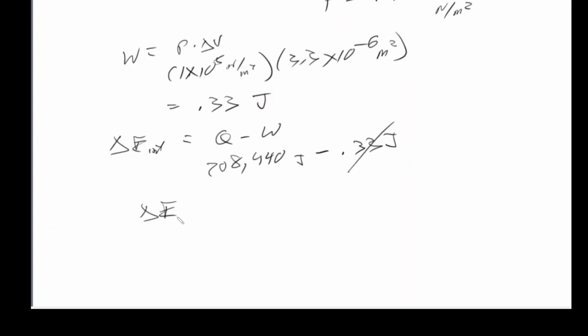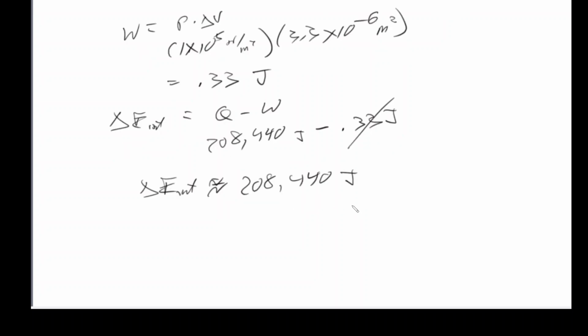So our change in internal energy is approximately 208,440 joules. What you can note from this is that when you have a solid, and even a liquid, that expands, most of the change in internal energy is due to the heat transfer. Very little of it is due to the very small amount of work done by the expansion.